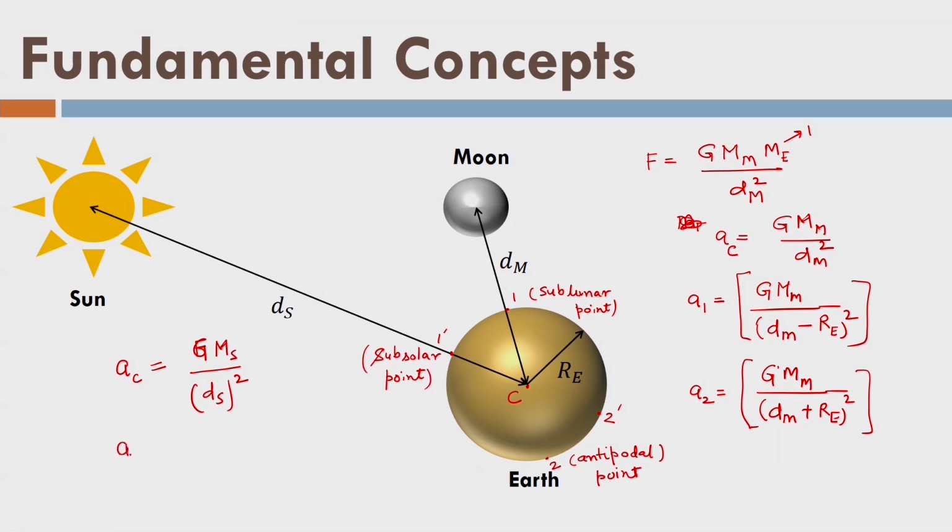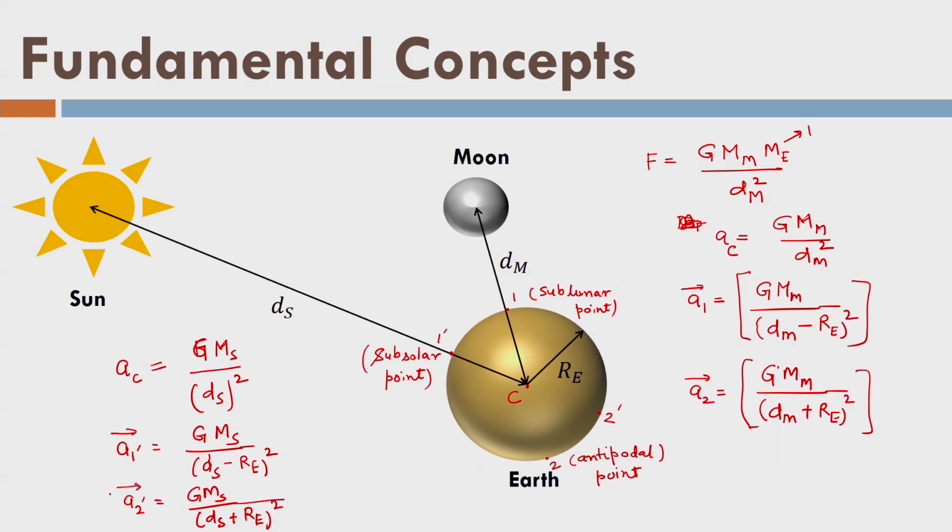Let us write A1 dash equal to G m_S divided by (ds minus RE) square, and similarly A2 dash equal to G m_S divided by (ds plus RE) square, like this. So we know that these are the acceleration values A1, A2, and they are vectors also.